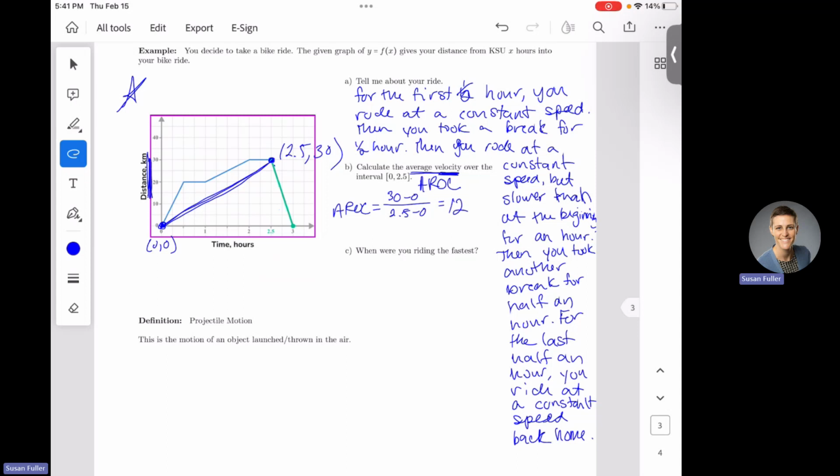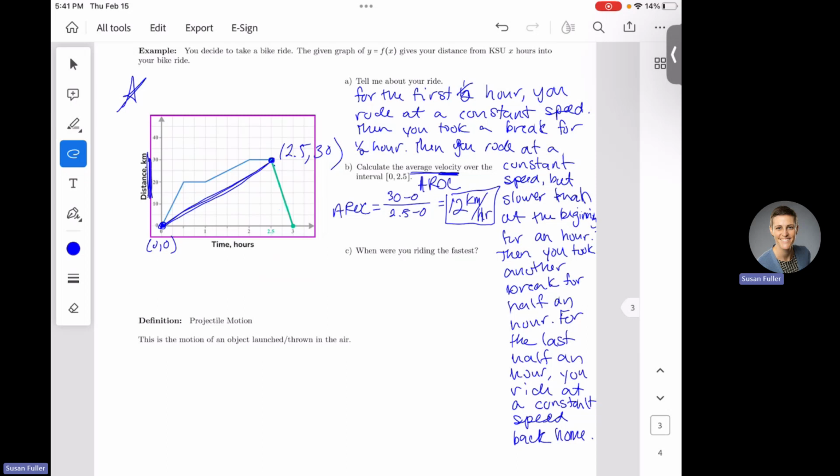So that's our average rate of change. It's 12. What are the units here? The units of y, kilometers per unit of x, per hour. So your average speed, your average velocity is 12 kilometers per hour.